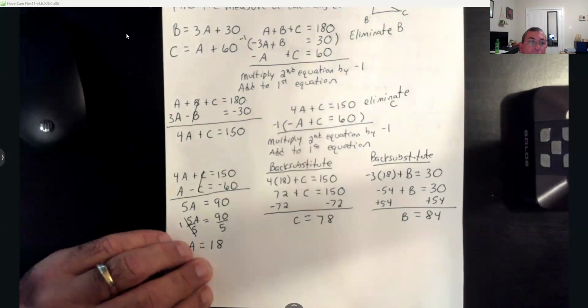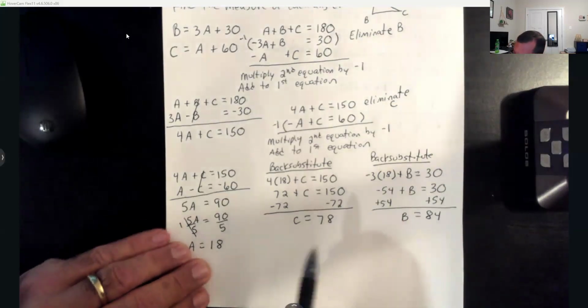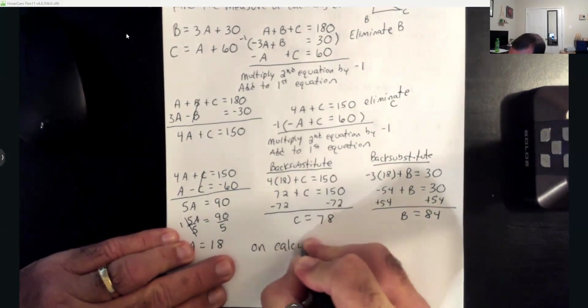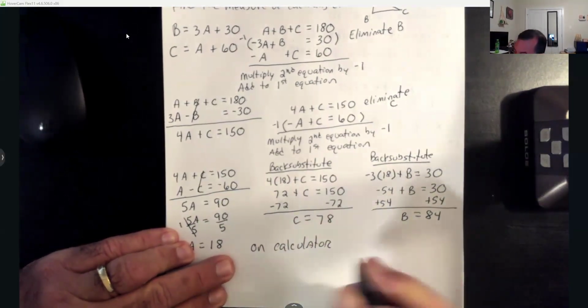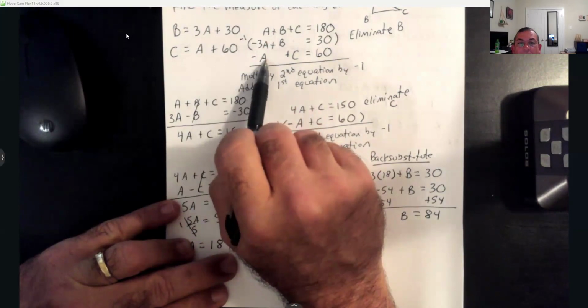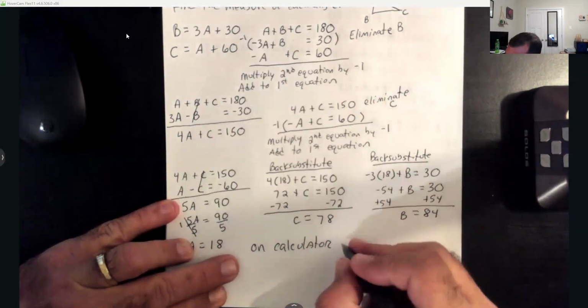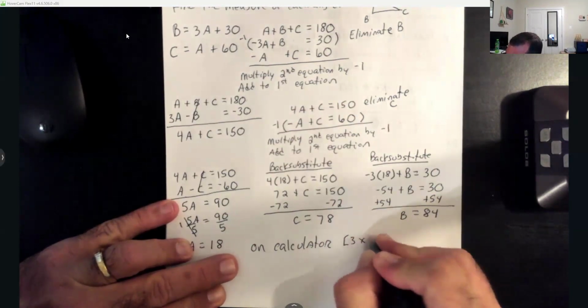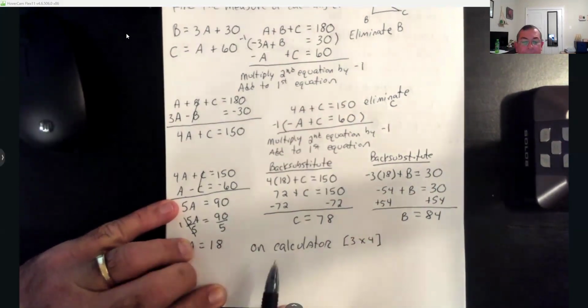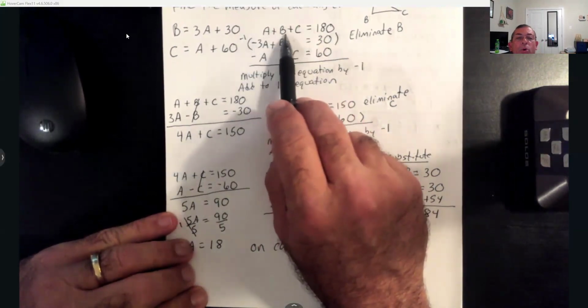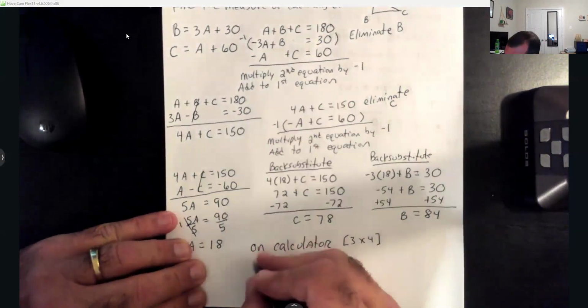Now I said I would also show you this on the calculator. So y'all watch this. On the calculator, it's still a 3x4 because you got 3 rows by 4 columns. But here's the numbers I would put in. For the first equation, I would do 1, 1, 1, 180.